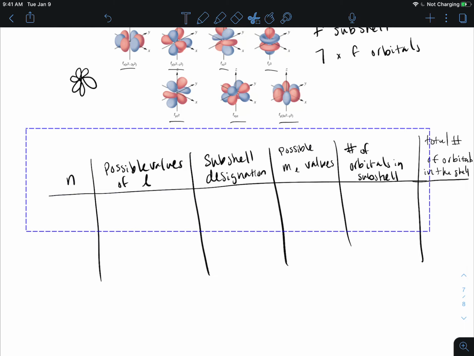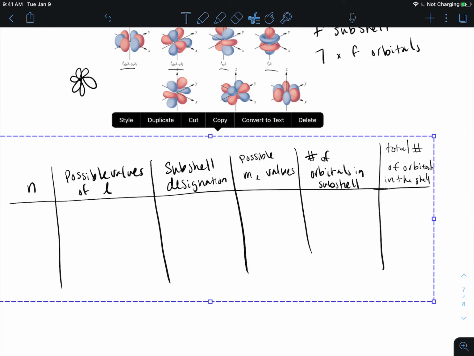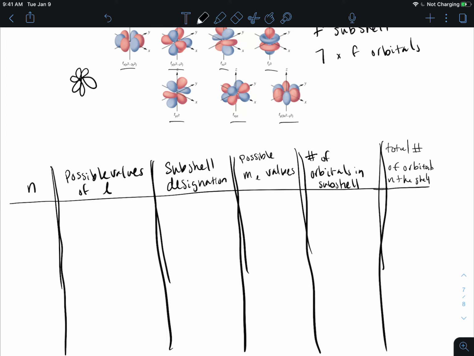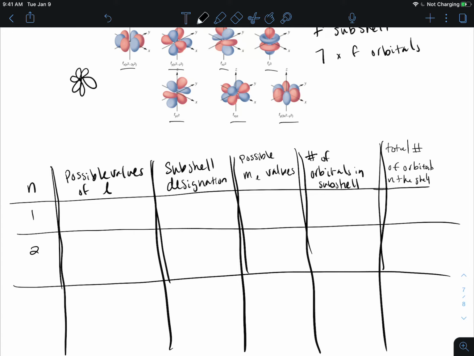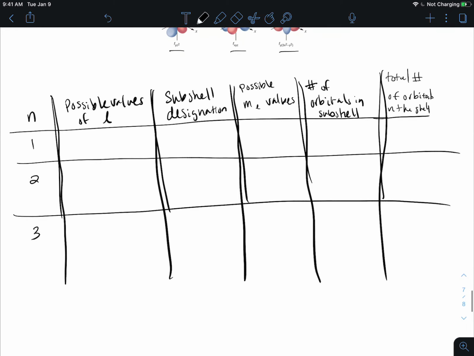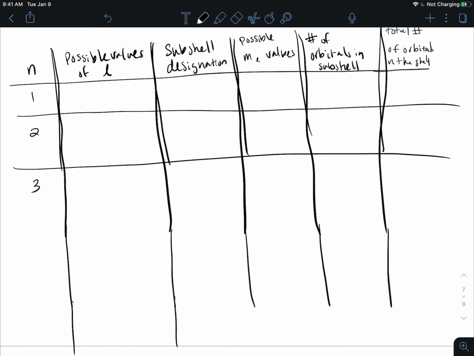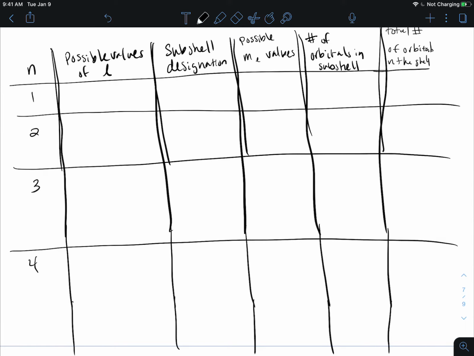Let me just move this a little bit. Okay. And so we have n equals 1, n equals 2, n equals 3, and n equals 4.